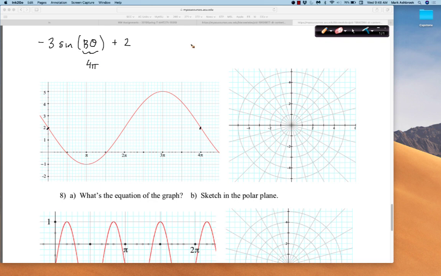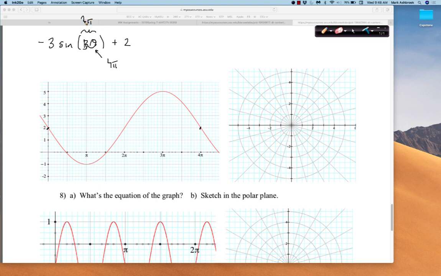When theta, other way around here. When theta hits 4 pi, we want that whole thing to be 2 pi, right? Because we know the period of sine is 2 pi. But we're going to get to that period actually when we hit 4 pi. So when theta is 4 pi, we want the whole thing to be 2 pi.